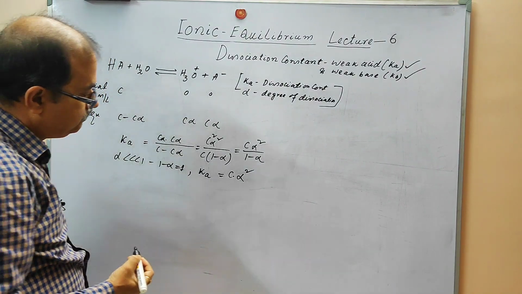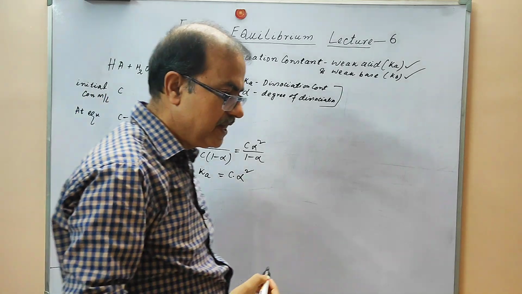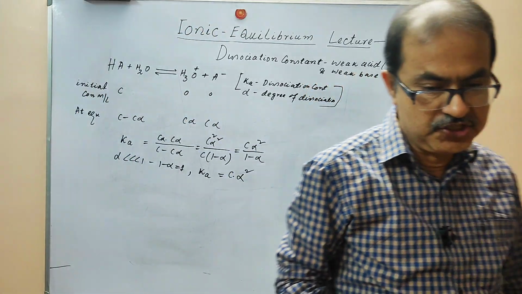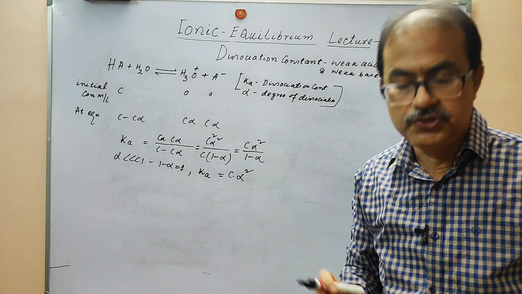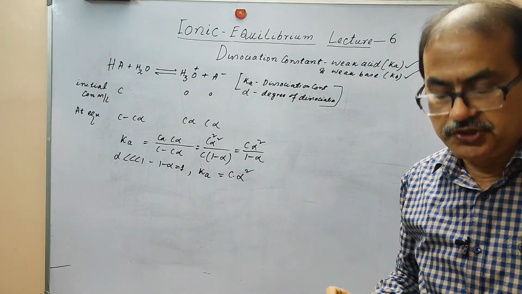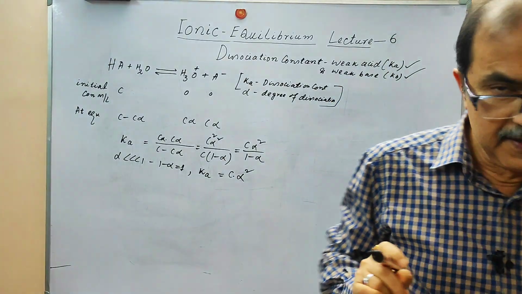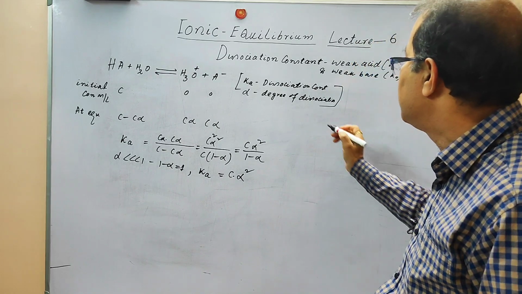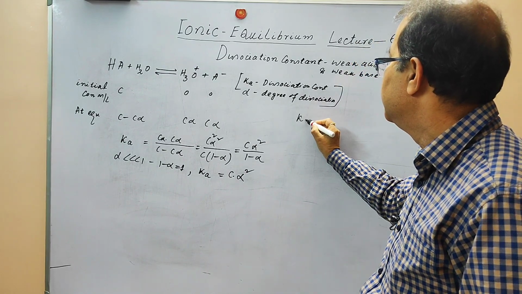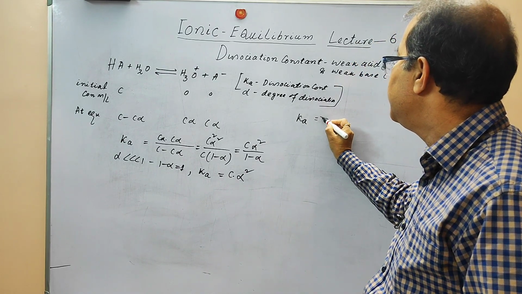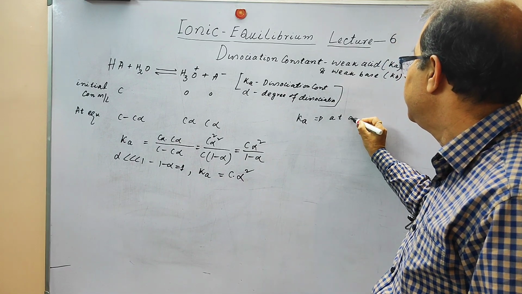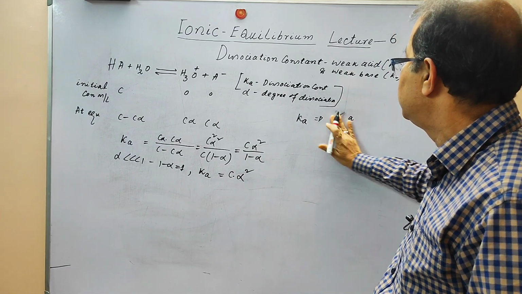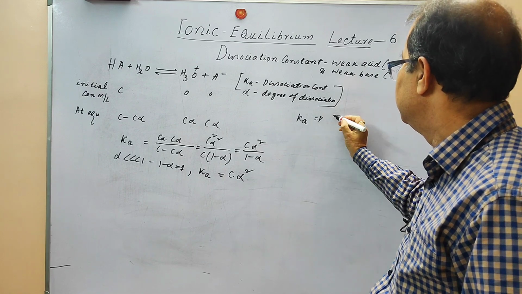So this is how we can express the dissociation constant in terms of molar concentration and degree of dissociation. What is the dissociation constant? K is basically a constant at a given temperature.